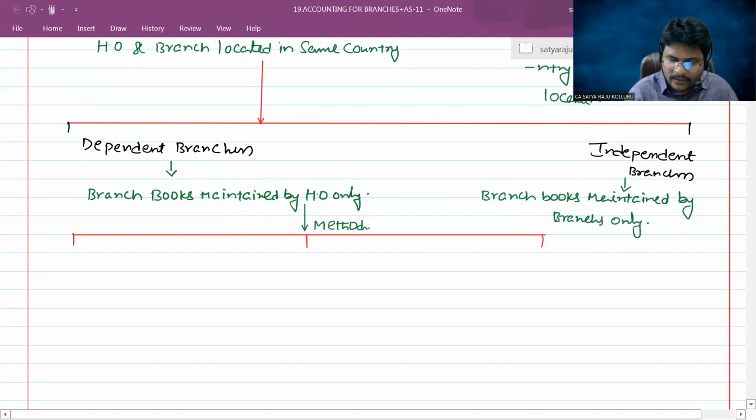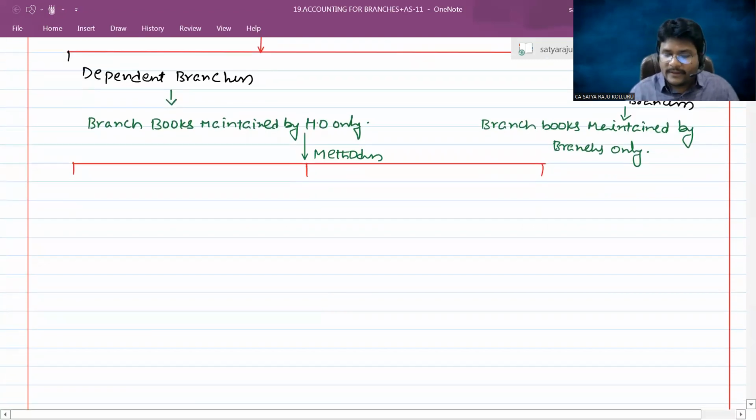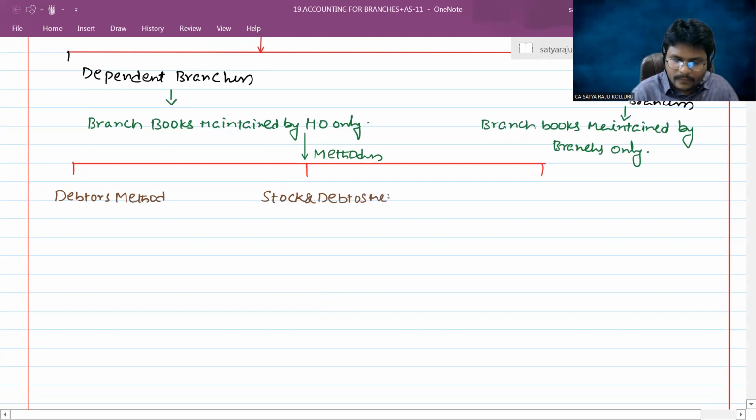What are such different methods of maintaining books of accounts in case of dependent branches, sir? The first method is known as debtors method. Another method is stock and debtors method. And the last method is final accounts method.